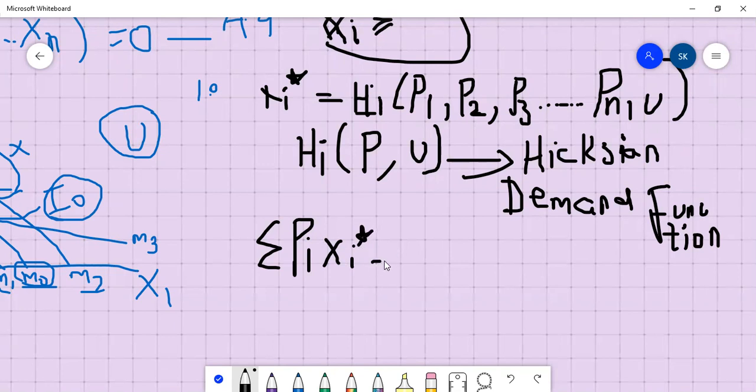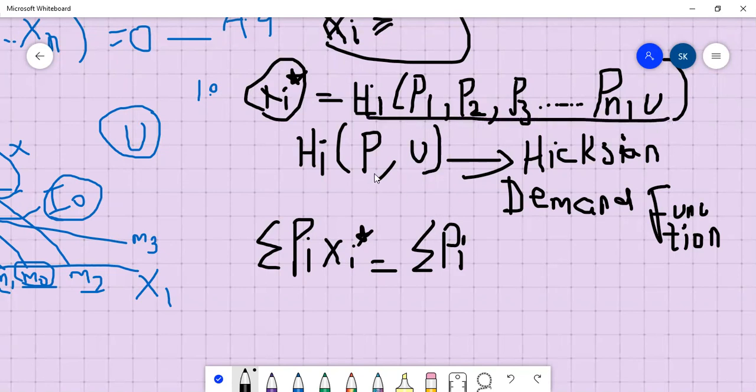This will now become equal to summation Pi. Now we know that this Xi star is equal to Hi into Pu. We elaborated it over here, and by simplifying it, we get Hi into Pu. Therefore, in place of Xi star, we will substitute Hi into Pu, that is, the Hicksian demand function.